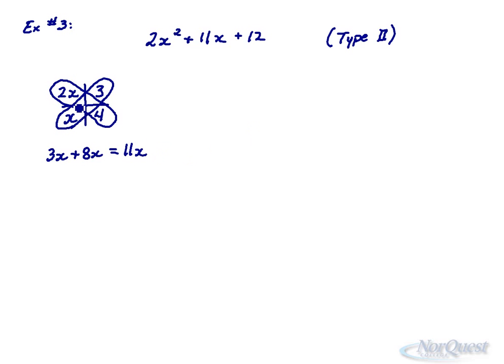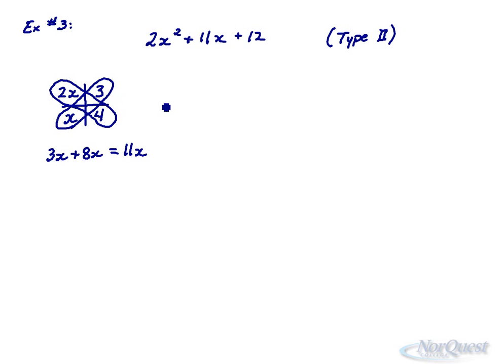For example, I wouldn't be able to have 2x and 4 on the same horizontal line, because that would indicate that there's a GCF in here. So there are a few little tricks. I notice if I have two even numbers, they can't be on the same line. I can't have common factors along the same line. But you'll start to realize that as you do more and more of these type 2 trinomials.